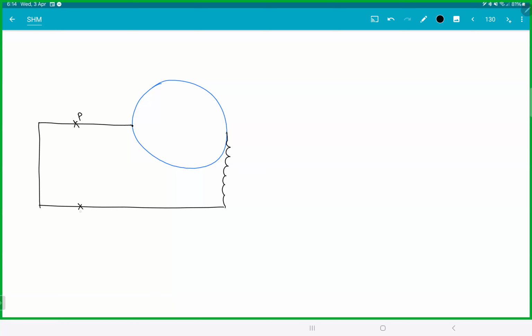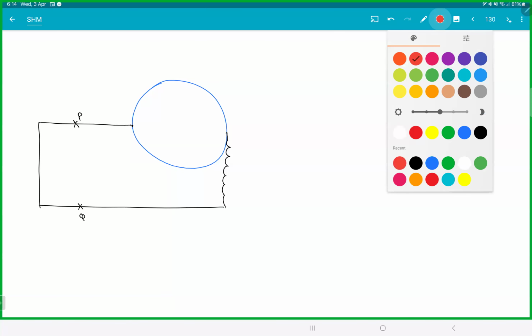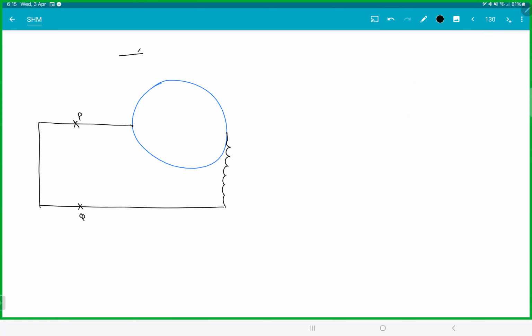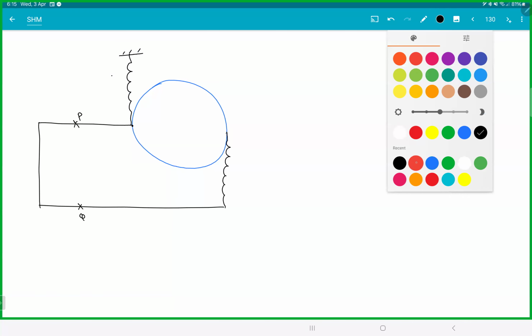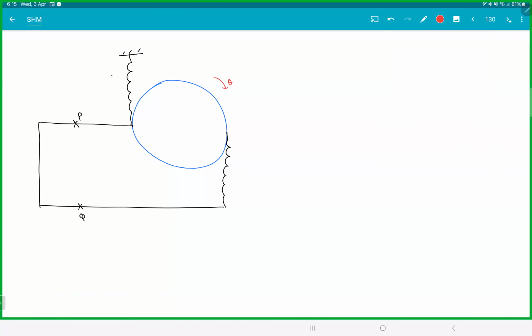This is P, this is Q. Now, if you displace this disk by small theta, this is what will happen to the rod. This rod also rotated by small theta, no? Isn't it?